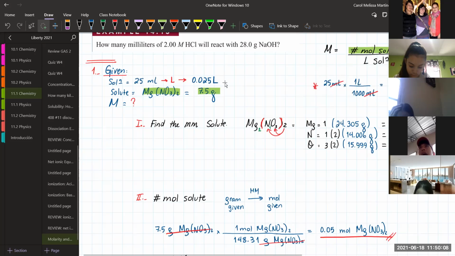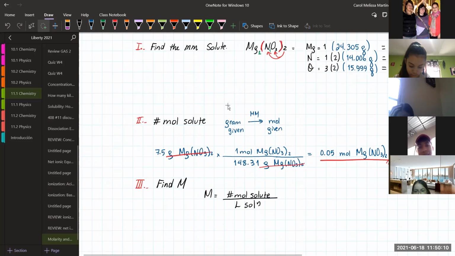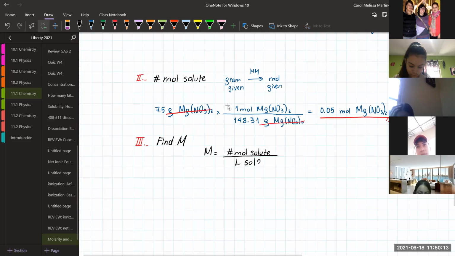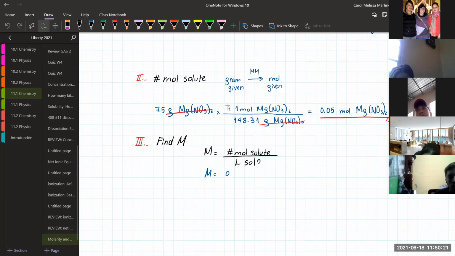Okay, now we're going to take those liters and plug them into the formula, and we find the molarity. Molarity is equal to moles of solute, which is 0.05, and these are moles of magnesium nitrate, all this divided by 0.025 liters of the solution.